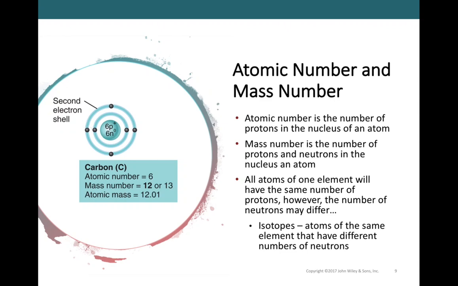When two different versions of the same element differ in the amount of neutrons they have, we're going to call those isotopes. So what we know so far is that if we change the number of protons within an atom, we change the element itself. But if we change the number of neutrons within an atom, that's going to be called an isotope. And so carbon-12 and carbon-13 are isotopes of one another.